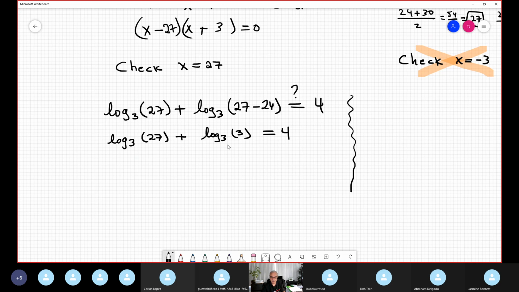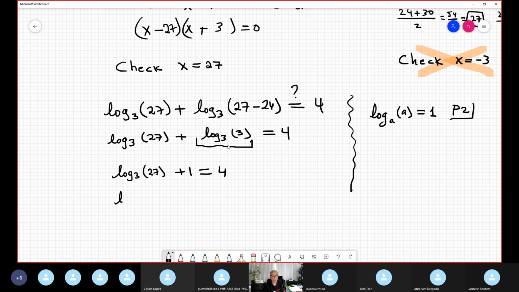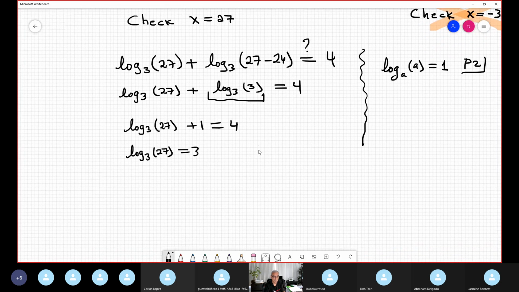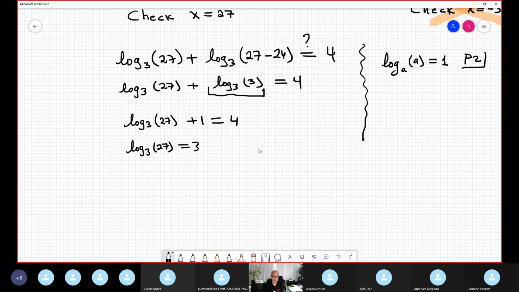I remember the property of the logarithm: logarithm base a of a is 1. Property number 2 that we studied today. It's obvious that this one is 1. So logarithm base 3 of 27 plus 1 equals 4. Therefore, logarithm base 3 of 27 is 4 minus 1, which is 3. You move 1 to the right-hand side by subtraction. And is this statement true or not? What do you think?